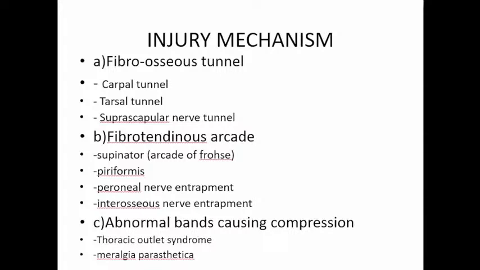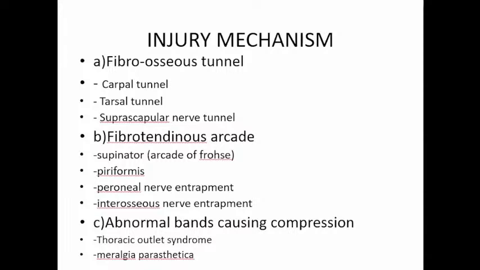Peroneal nerve entrapment will occur, of course, at the knee, where the peroneal nerve passes close to the fibular head, just below the knee. You may also have interosseous nerve entrapment in the interosseous nerves.